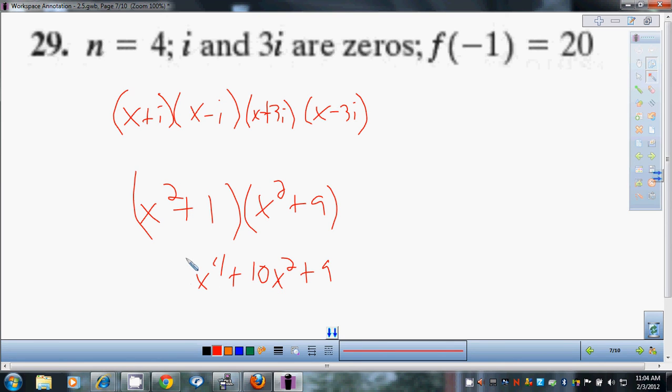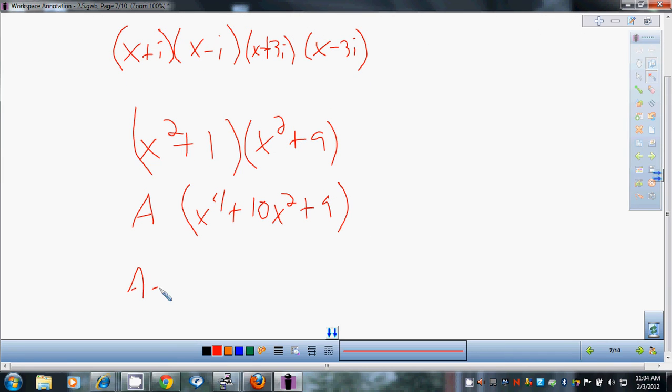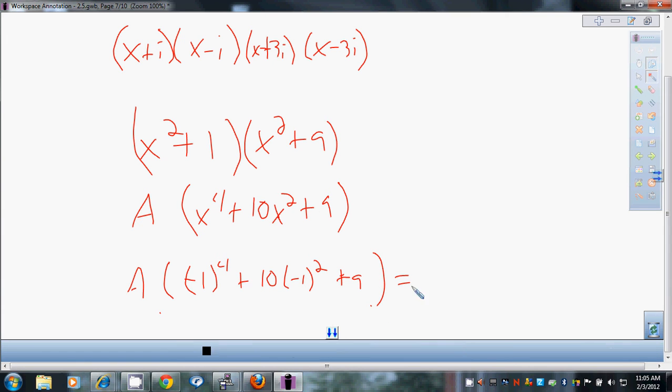We're almost done already. But now we need to find what could have been out here. So it's negative 1 and 20. So a equals, oh, not equals, that was wrong. Negative 1 to the 4th plus 10 times negative 1 squared plus 9 equals, I guess I needed that. Was it 20? Get some more space.